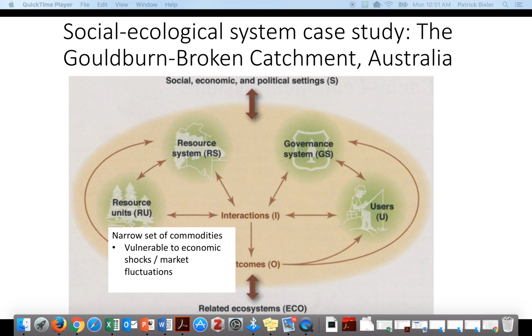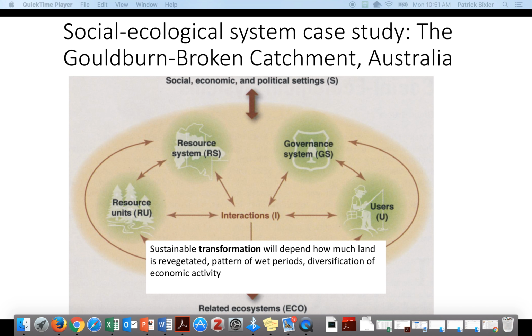It's vulnerable to economic shocks and market fluctuations. And ultimately, as the chapter notes, sustainable transformation, so transformation of this system into a more resilient, more sustainable system will depend on how much land is revegetated, the pattern of wet periods, and diversification of economic activity.